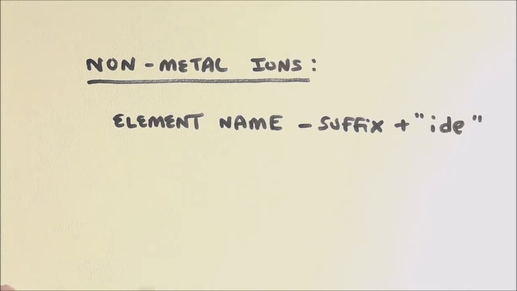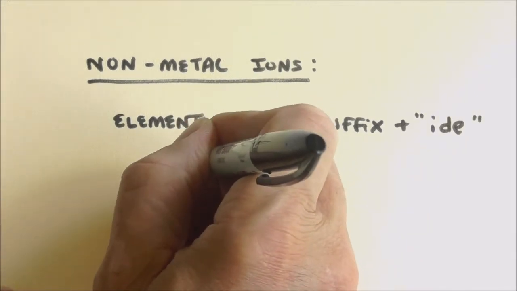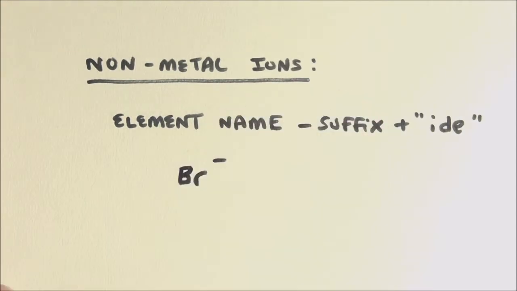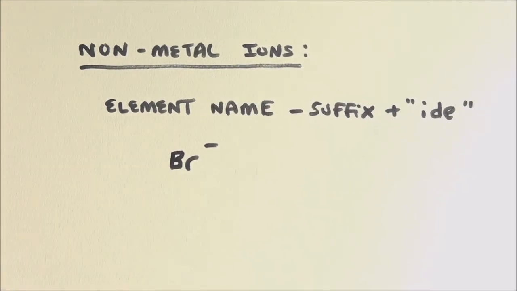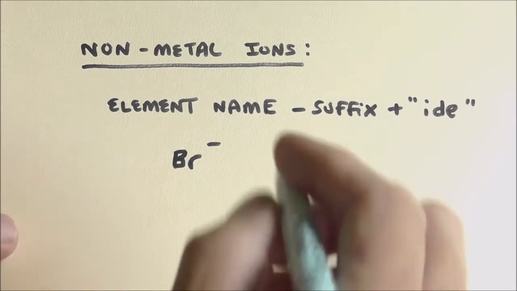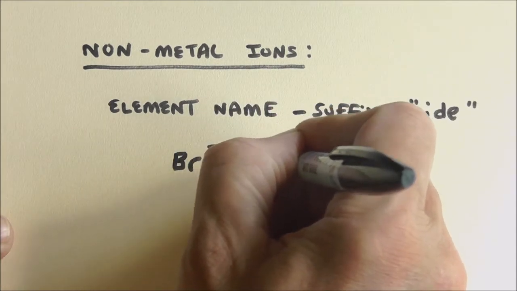I'm going to take Br-, which you can see is in group 7. Now, the element name is bromine, but we're going to take away the suffix and replace it with "ide." So we would call this bromide.